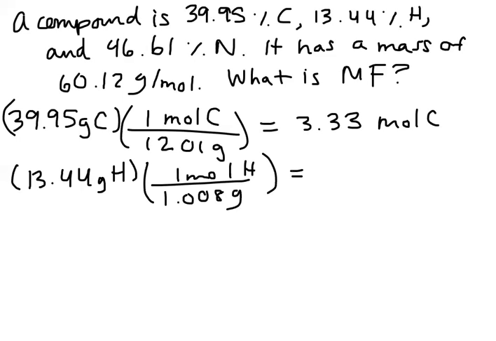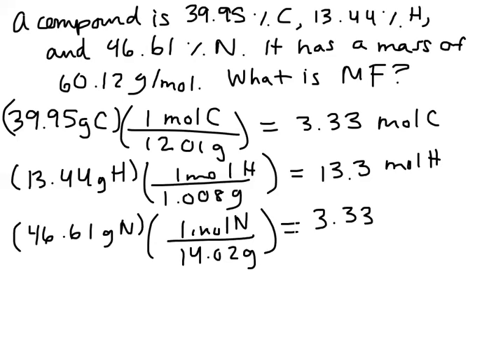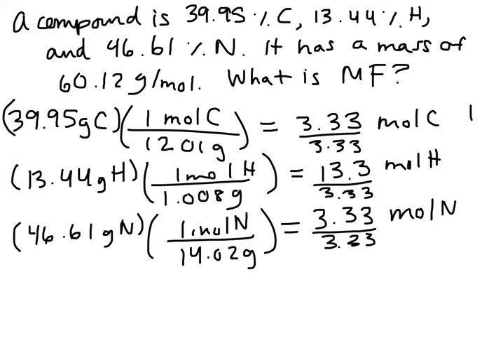What is it? 13.3 moles of H. And my last one is 46.61 grams of nitrogen, which at 14.02 grams per mole also gives us 3.33-ish. So what are you going to divide everything by? 3.33. Which gives us approximately 1, 4, and 1.